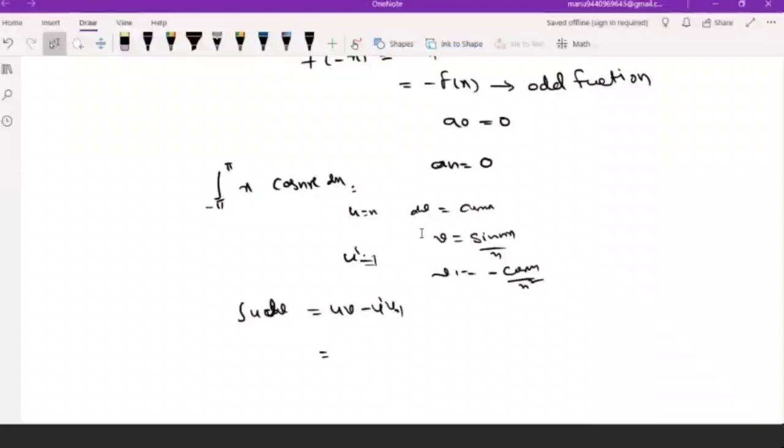What is our an formula? 1 by pi, integral from minus pi to pi of f of x dx. Now also directly substituting. So we are finding the an value.